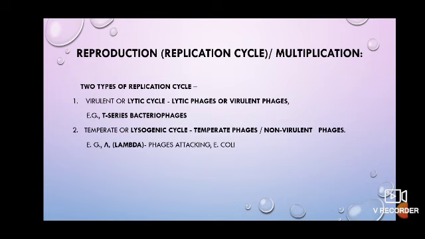Virulent or lytic cycle is shown by lytic phages or virulent phages. Example, T series bacteriophages. Temperate or lysogenic cycle is exhibited by temperate phages. They are called non-virulent phages or avirulent phages. Example, lambda phages attacking E. coli.